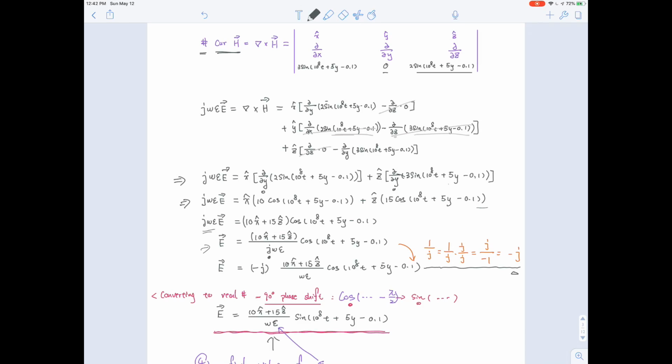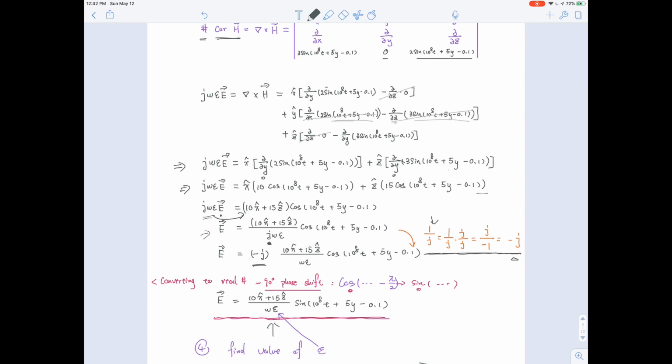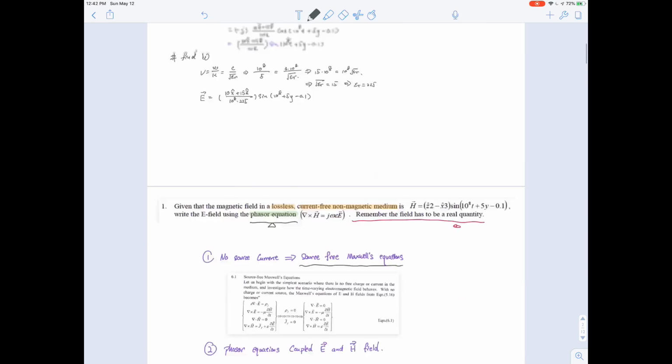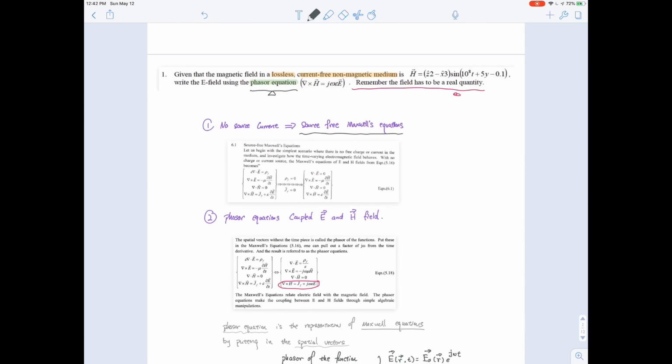And we can calculate E by just shifting things around a little bit to move this around here. By doing this, this will introduce a 1 over j term right here. We can convert this 1 over j into negative j by using this process here, because the problem says the field has to be a real quantity.